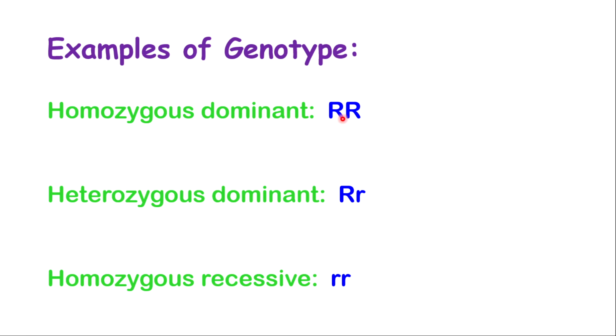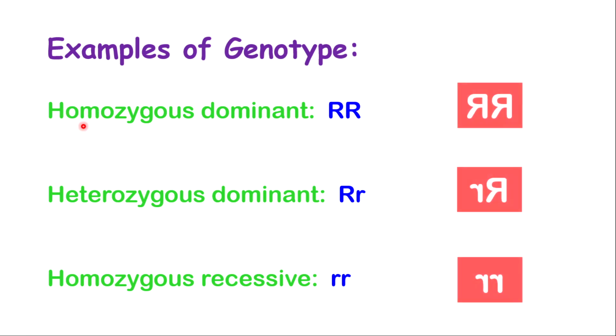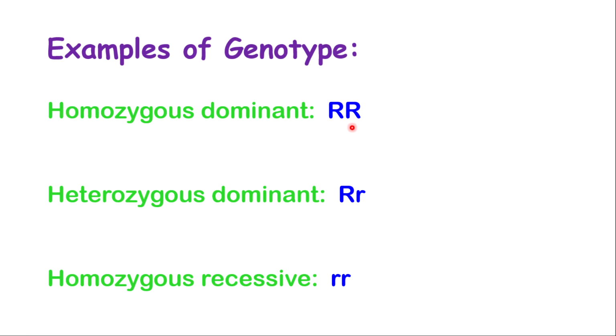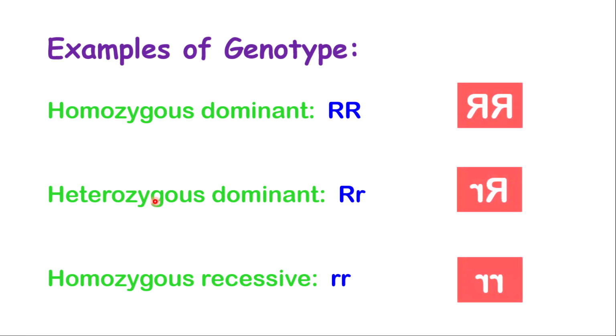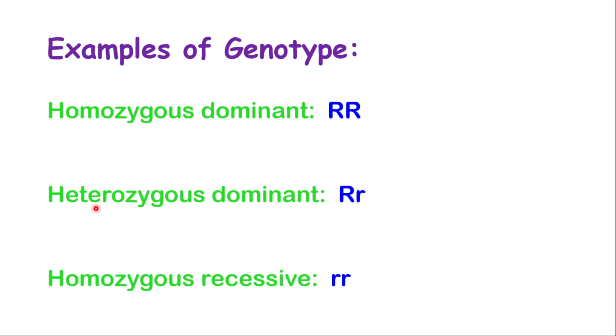We can put two uppercase R's together, and that is called homozygous dominant because uppercase R is dominant. And homo means same, so they are the two same letters. Or we can have an uppercase and a lowercase. In this case, it will be heterozygous dominant. Why heterozygous? They are different.